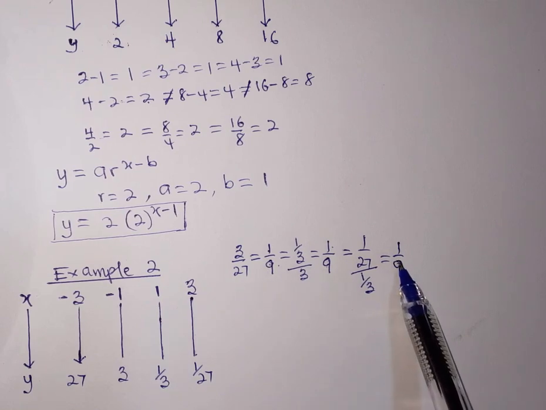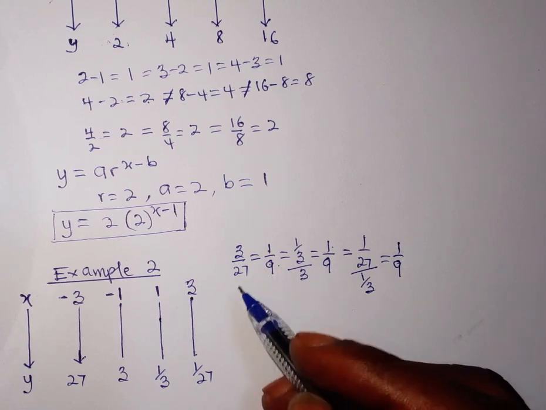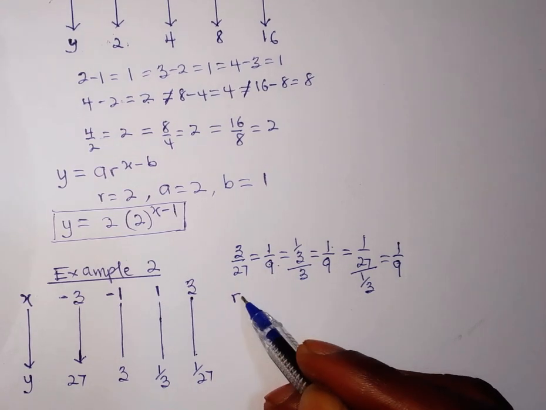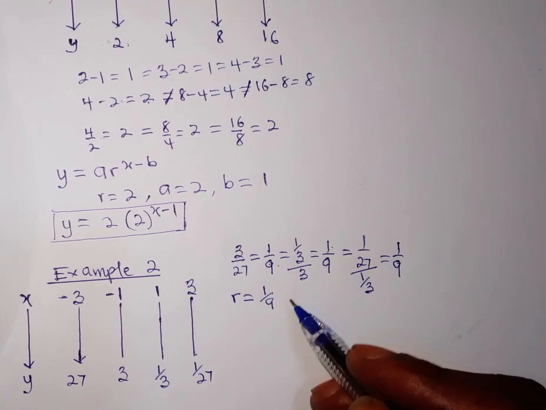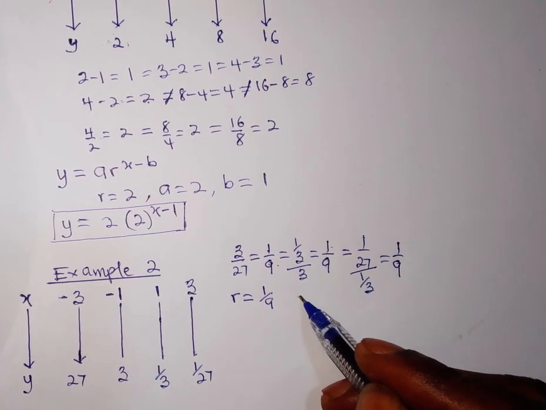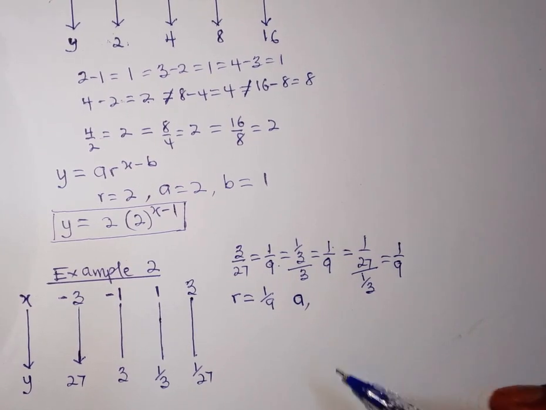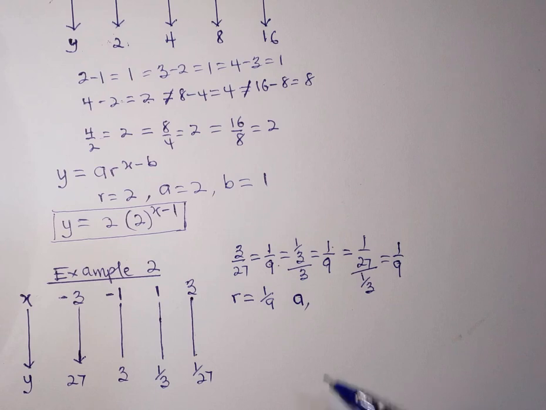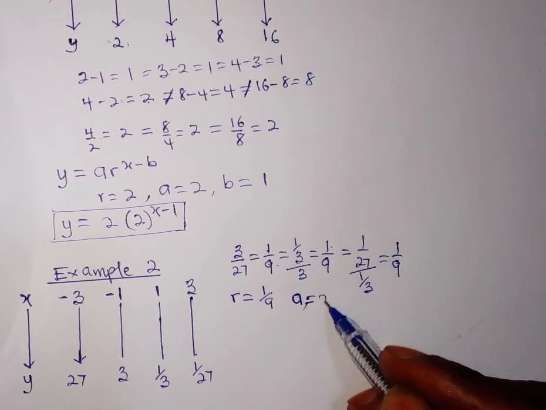Once we have this common ratio, then we can conclude that our R is giving us 1 on 9. And what is our A? Always the A in the general formula is giving us the first element on the codomain, which this time is 27.